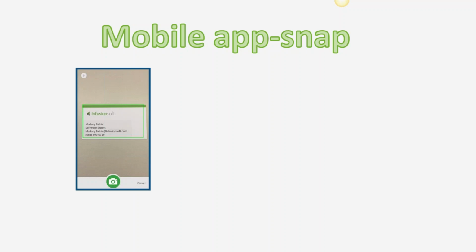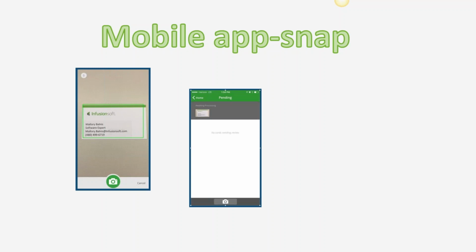So the mobile app, you download it on your smartphone, and it is something called Mobile App Snap. We have another application that we used to have separate. It was called Snap by Infusionsoft, and it was super cool. What it does is it allows you to take a picture of a business card through your smartphone.